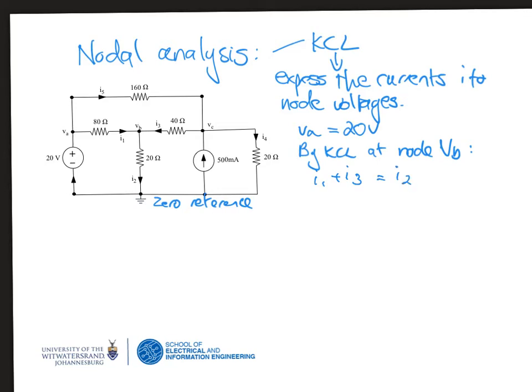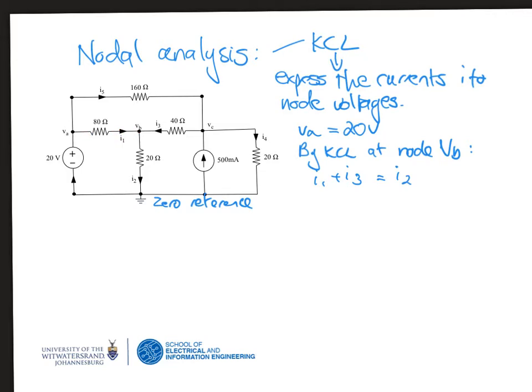And now if we express I1 in terms of the node voltages, we can see I1 flows from the higher voltage to the lower voltage. So VA is the higher voltage, VB is the lower voltage. The current is flowing in the way that we've defined it. Obviously, if it turns out that I1 is a negative quantity, it means that the current is actually flowing in the opposite direction.